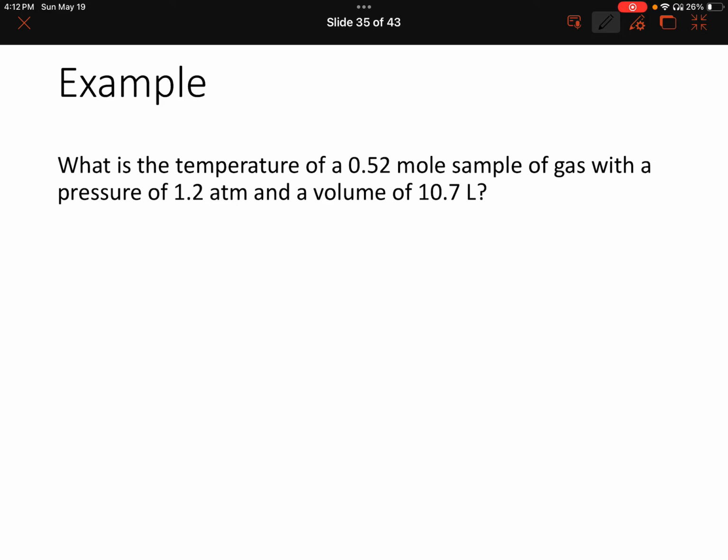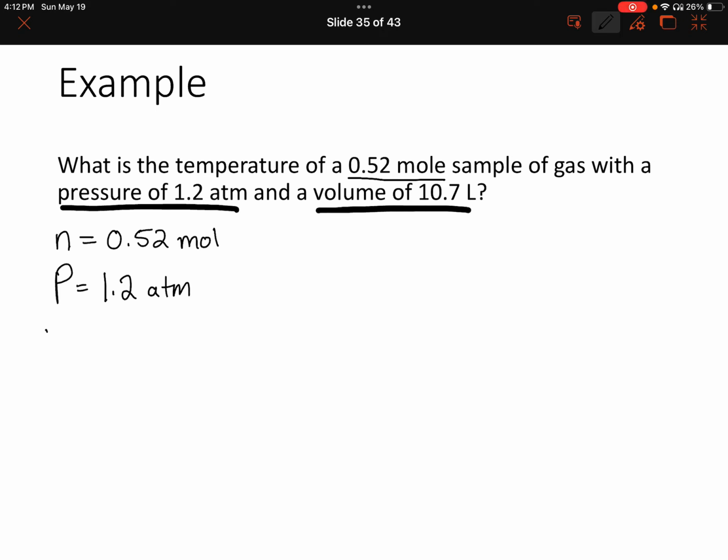Now let's write down everything we have so far. We have the amount, n, 0.52 moles. We have the pressure, capital P, 1.2 atmospheres. And we have the volume, V, 10.7 liters.